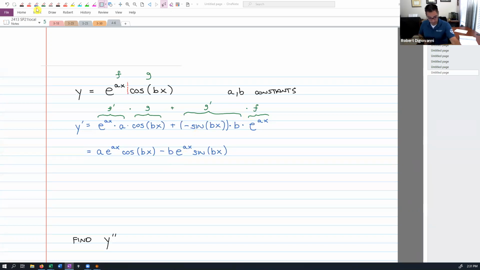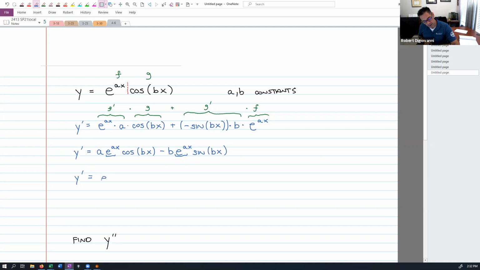In fact, I'm about to go a little bit further. Watch. This is kind of a nice critical step of the problem. I'm going to notice that both of these have an e to the ax in them. Right? Do y'all see how they both have an e to the ax?